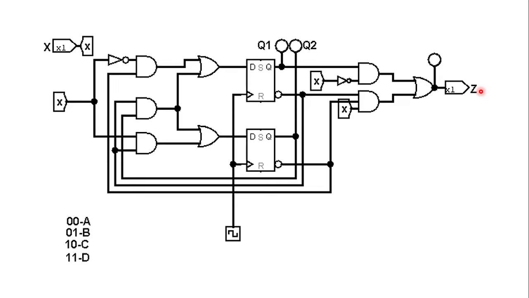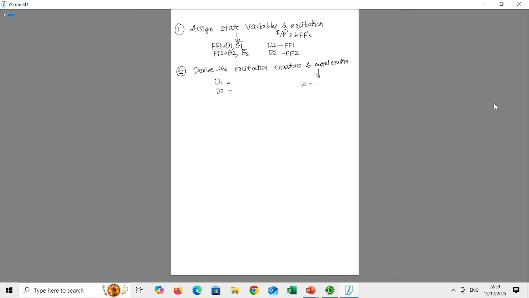Looking at this diagram, now we will write the equations. D1 is equal to X bar Q2 bar plus Q1 bar Q2. Similarly, I'll write down the other two.